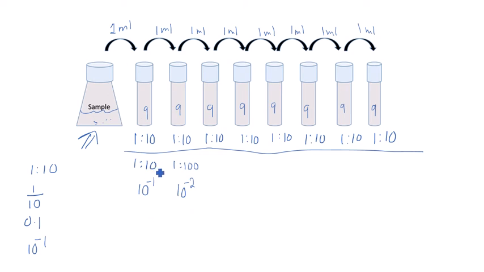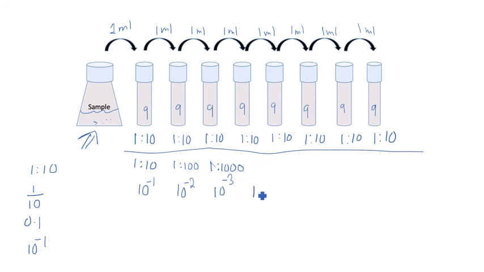An easier way to do this is to just count the number of zeros and then put a minus in front of that number. That will be your dilution factor. Tube number 3 is going to be 1 in 1000. Remember, 10, 20, 30. So 1 in 1000, and 10 to the power minus 3 will be the dilution factor for your tube number 3.